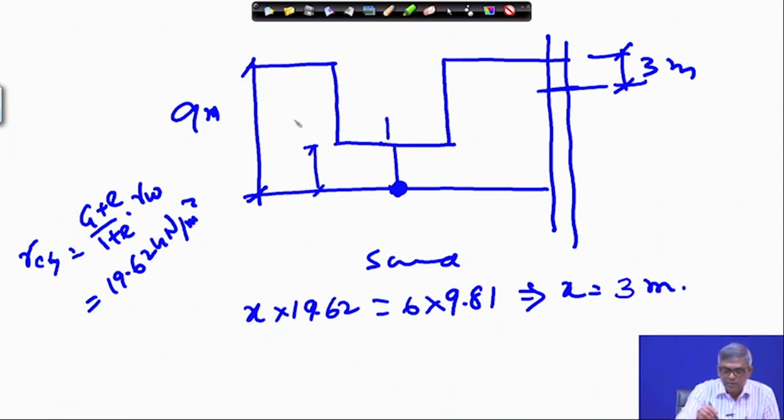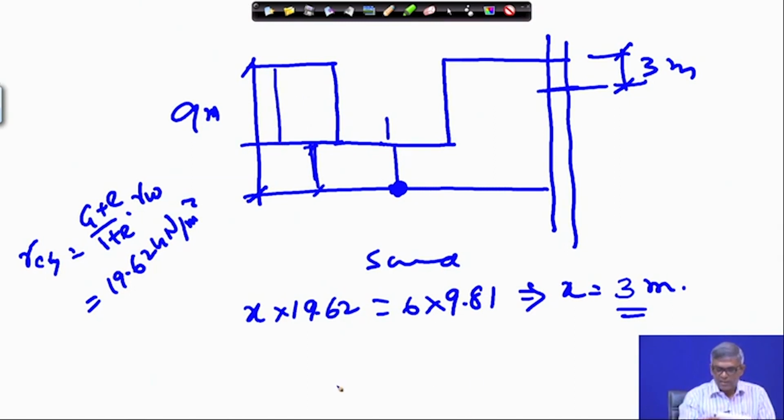So, that means out of 9 meter, if this is 3 meter, we can go up to 6 meter excavation without any danger, but it is on the verge of danger actually. We are considering equilibrium, upward and downward force just equal, it is on the verge of danger, but slightly less than that we can go safely. That means up to 6 meter depth we can do excavation with that condition.